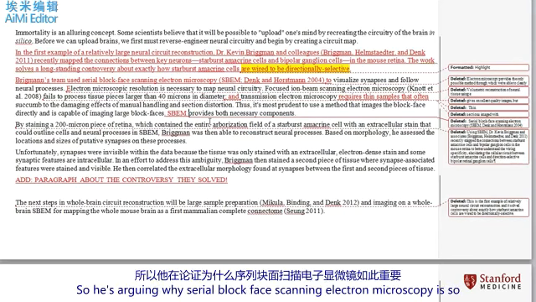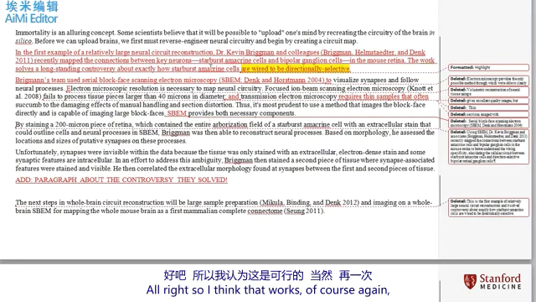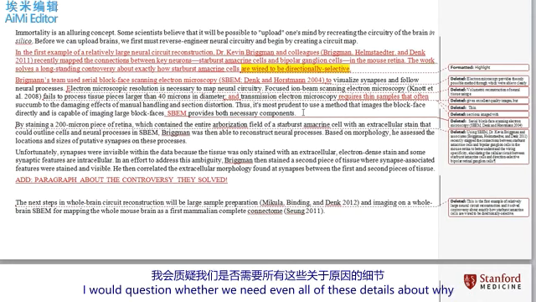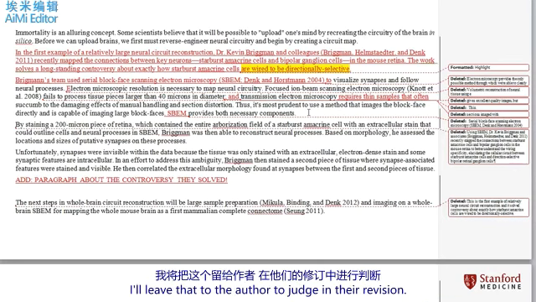So it's arguing why serial block face scanning electron microscopy is so important here and telling you why other types of microscopy weren't used. All right, so I think that works. Of course, again, I would question whether we need even all of these details about why, one type of microscopy versus the other, but maybe that's very important. I'll leave that to the author to judge in their revision.